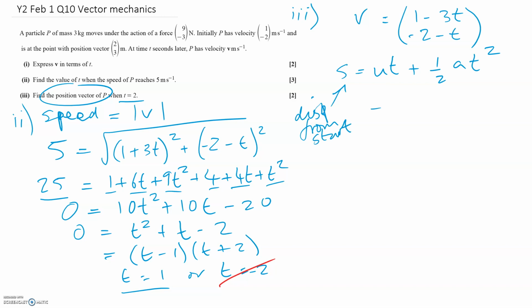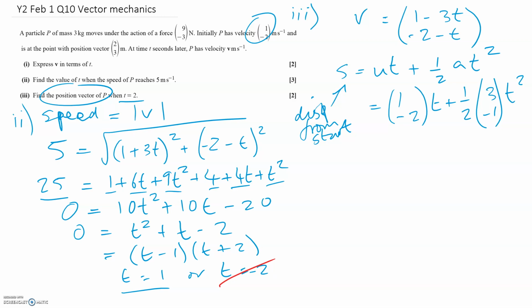So if we substitute in our values, we know that the initial value of the velocity is 1 minus 2. And we know the acceleration. We did that in part 1 as well. The acceleration was 3 minus 1. And so we're going to get this.